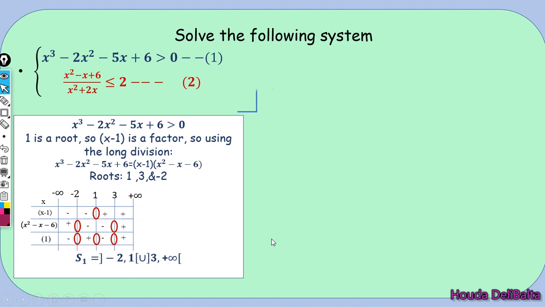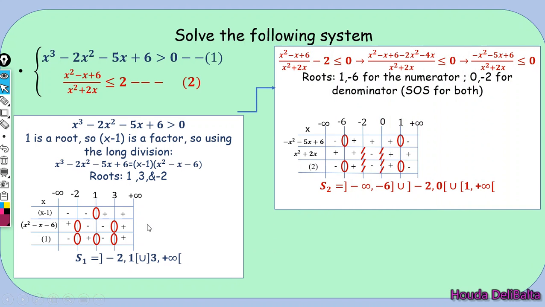Now here we go with this second one. We have a numerator and a denominator, but before that we have to take 2 to the other side, as you see here, to keep 0 on the right side, because less than 0 and greater than 0 mean positive or negative. So taking 2 to this side becomes minus 2, then making the same denominator, we put it over 1 and multiply it by x squared plus 2x.